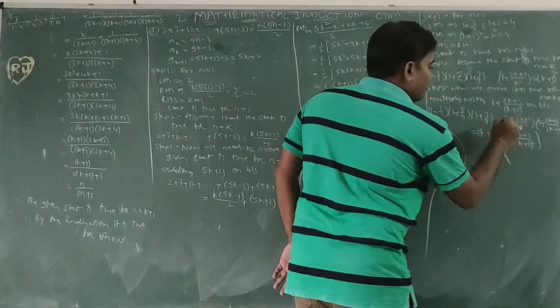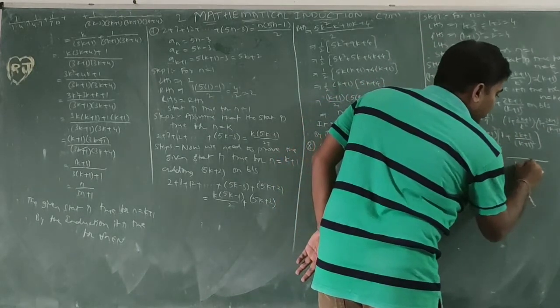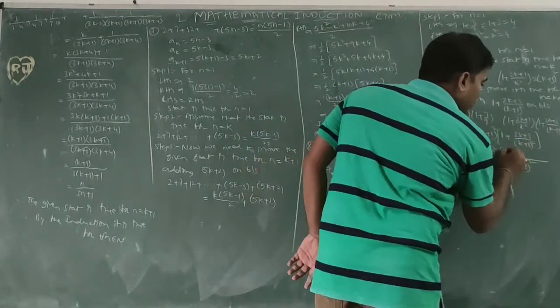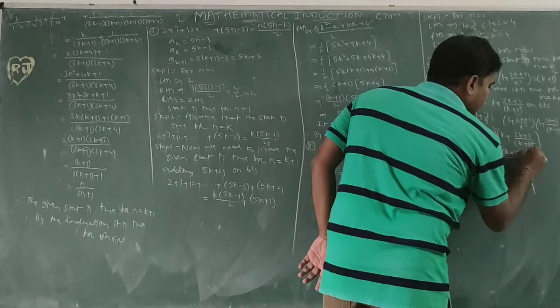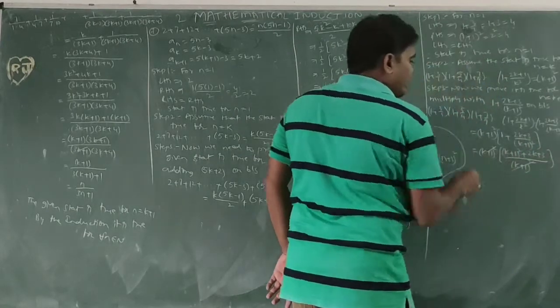This is also k plus 1 whole square. k plus 1 whole square of k plus 1 whole square, taking LCM. So k plus 1 whole square plus 2k plus 3. So k plus 1 whole square cancels.